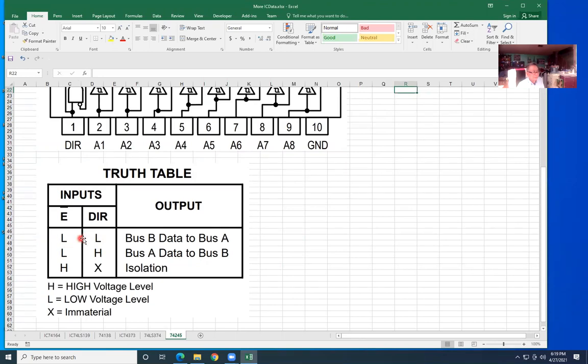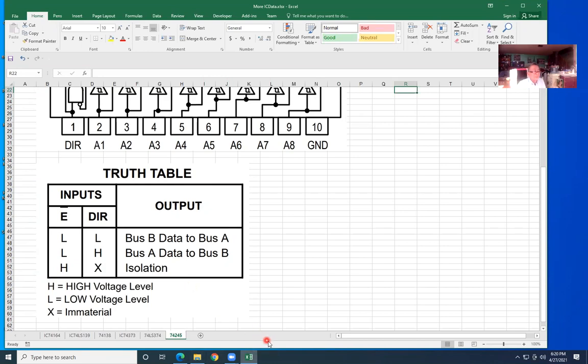Enable low, direction equal 0, then data goes from B to A. Enable low, direction high, data will go from A to B. That means with 8 bits they can use both directions. And enable high is isolation. That means it looks like this IC is not inside the bus, so they're not loading any current down.